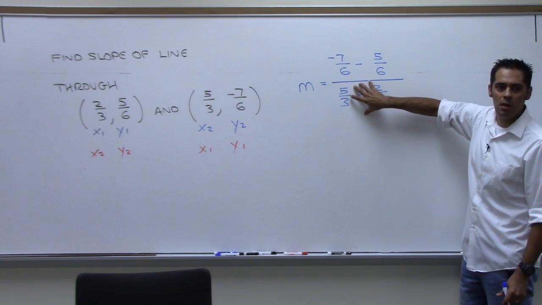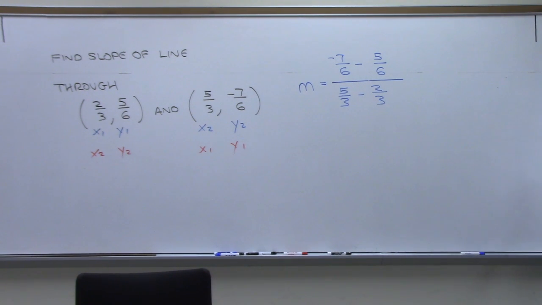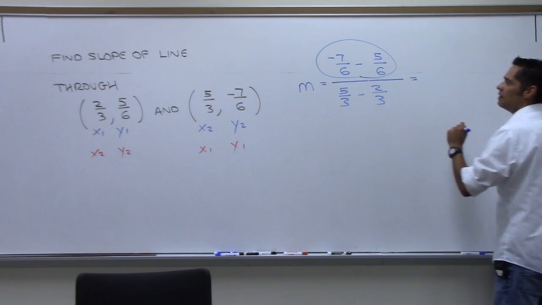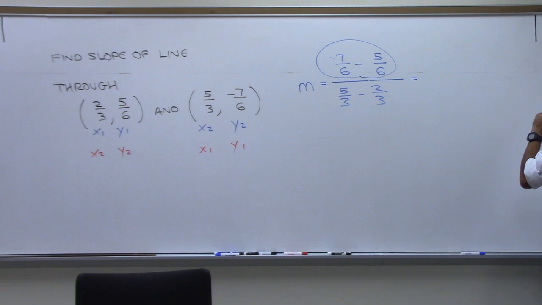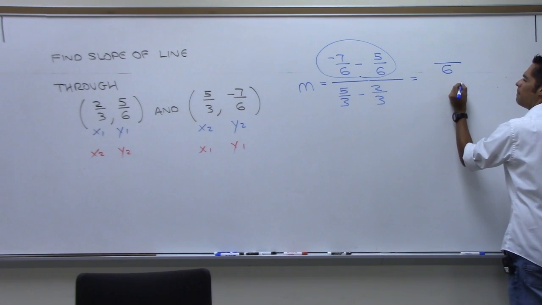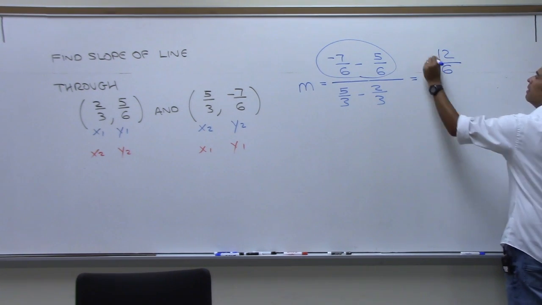So we'll move along to Bethany because you look like you want to answer. Yes? Okay. So you want to put these together for me? Tell me what that would be. Okay, 6 on the bottom and what on the top? 12. Close. Negative. Good.